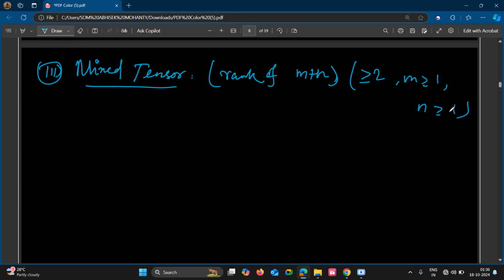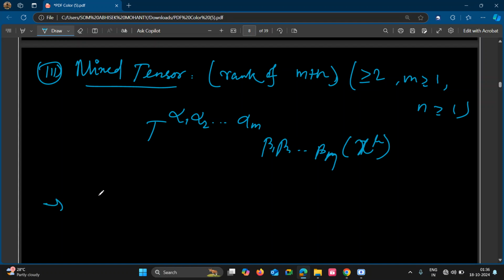It is denoted by T with alpha 1, alpha 2, up to alpha m, and also beta 1, beta 2, up to beta n, in x mu. And it transforms like a direct product of m contravariant and n covariant vectors. Remember it: m contra and n co. This is the transformation for your mixed tensor.